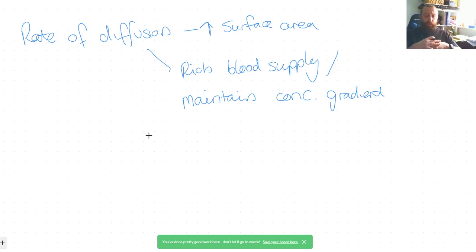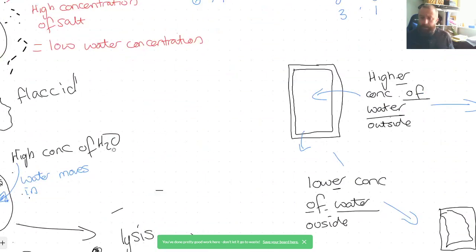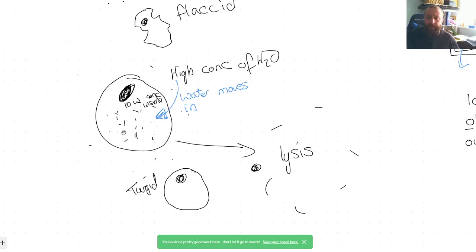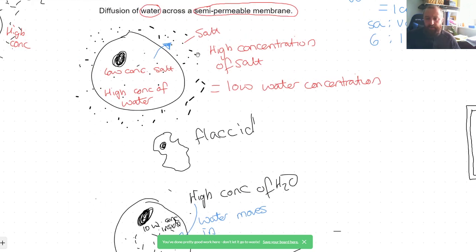Now, as things diffuse, if we've got water moving out of the cell, this is going to keep happening until the concentration is the same inside and outside of the cell. So if we can keep removing the water from the outside of the cell, this will keep happening.